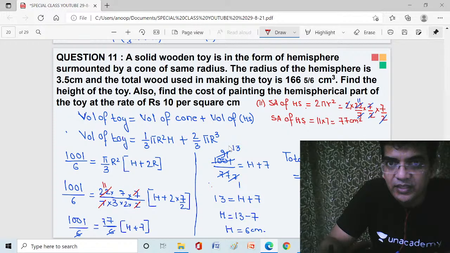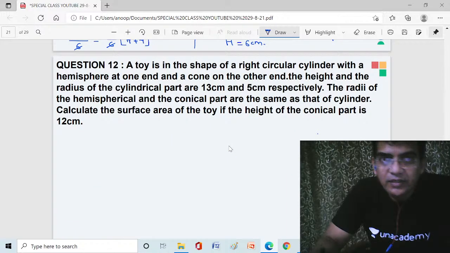The next question says, a toy is in shape of a right circular cylinder with a hemisphere at one end and a cone at the other end. So let's see what type of a toy they have given us. In the middle portion, it is a circular cylinder like this.